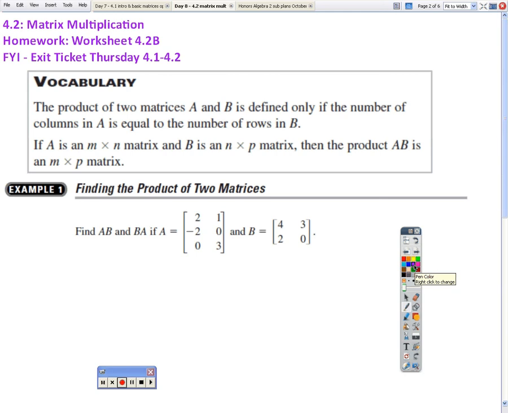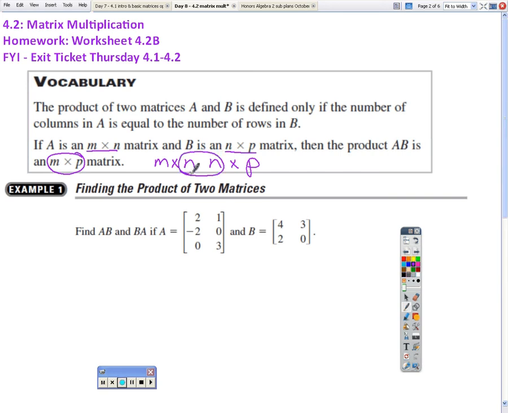But here's the rule. If A is a matrix and its dimensions are m by n, and the matrix we want to multiply it by is n by p, then the product is going to be m by p. Now I want you to see something. If we write these side by side, A is m by n and B is n by p, you can see that the two in the middle match.